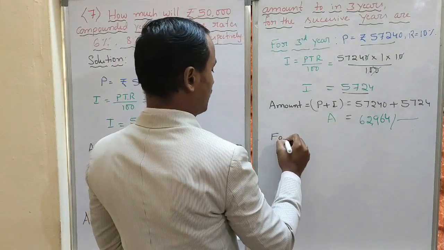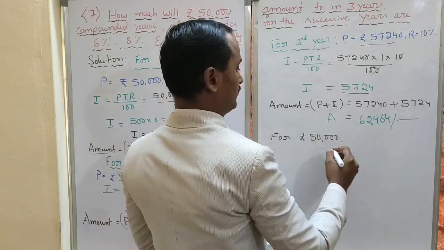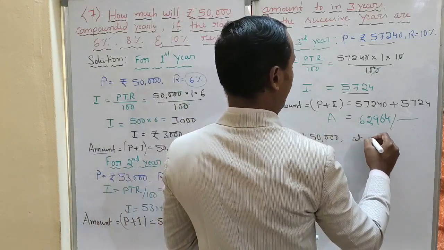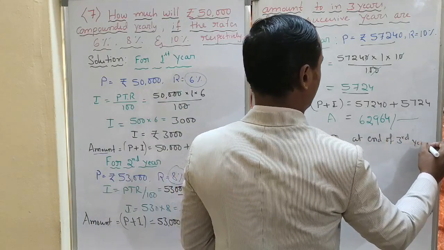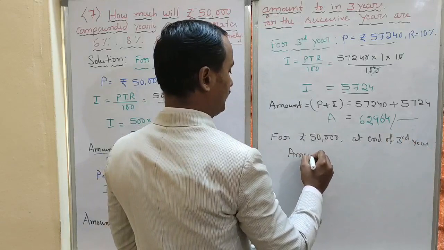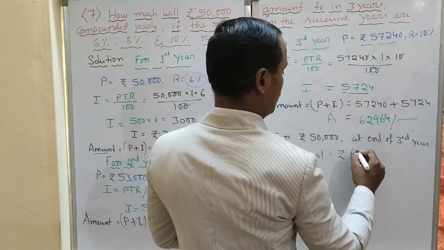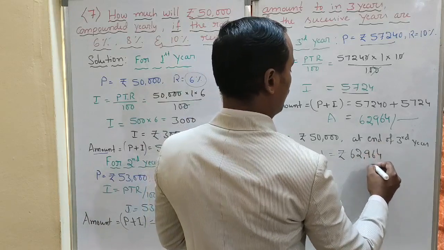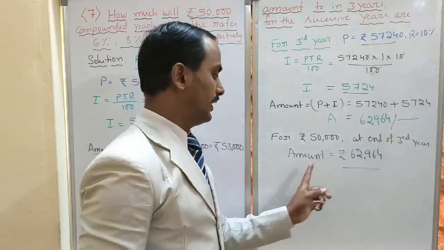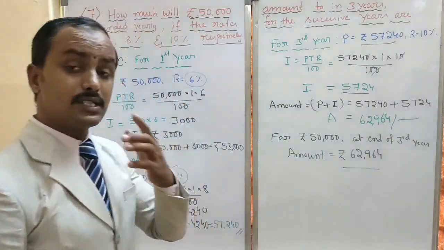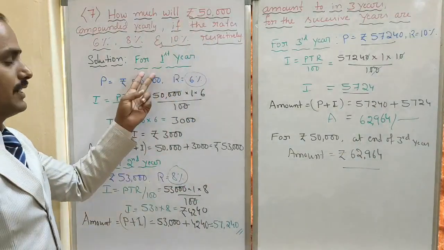For rupees 50,000 at the end of the third year, the amount is equal to rupees 62,964. This is the conclusion. For 50,000 rupees at the end of the third year, that amount became 62,964. Understood?